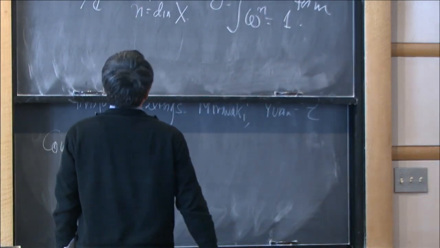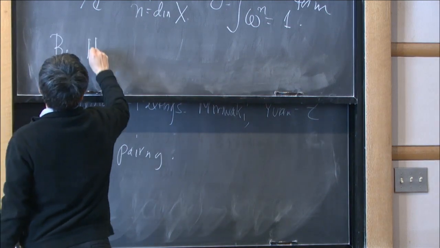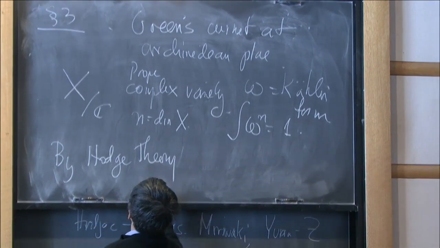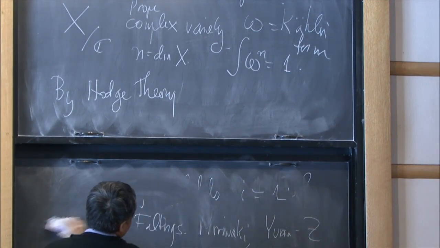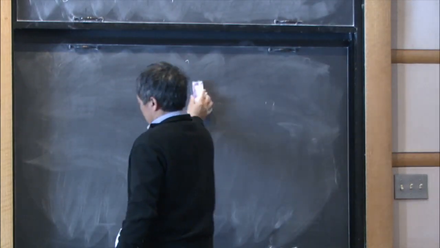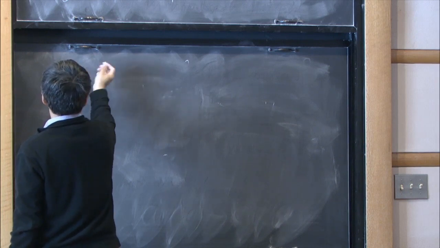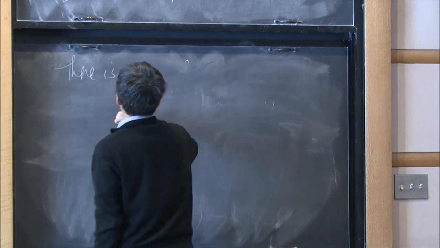So then by Hodge theory we can construct a Green current.